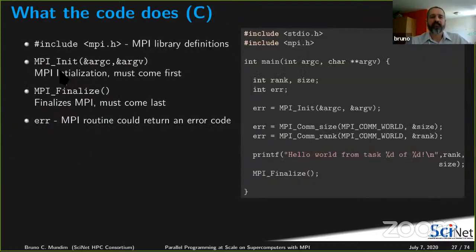Okay, so let's look at the C code and expand a little bit more on what Comm_size and Comm_rank do. In the C code you have to include the header file for the MPI library, which is mpi.h.